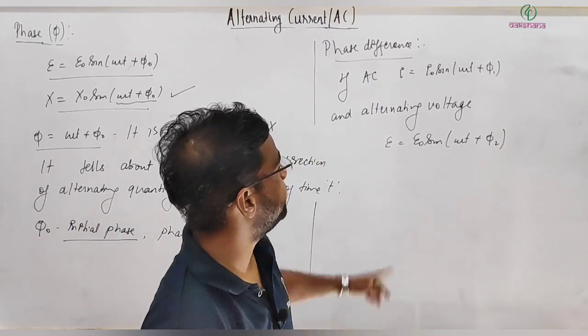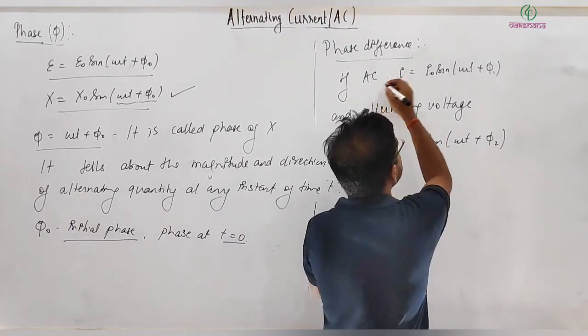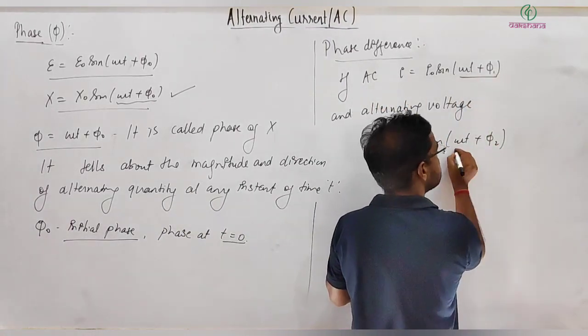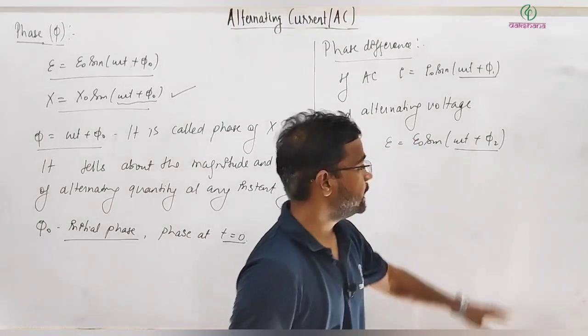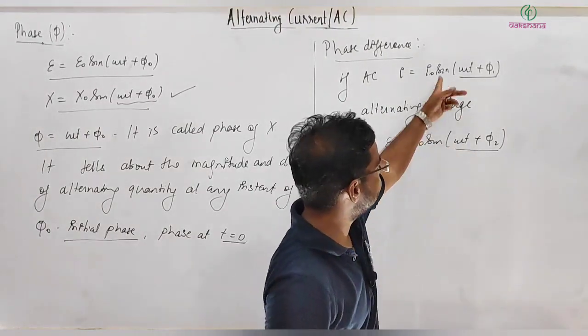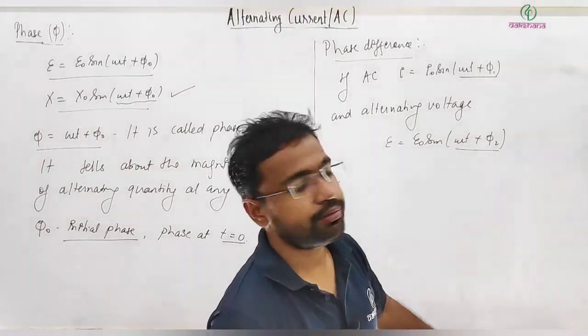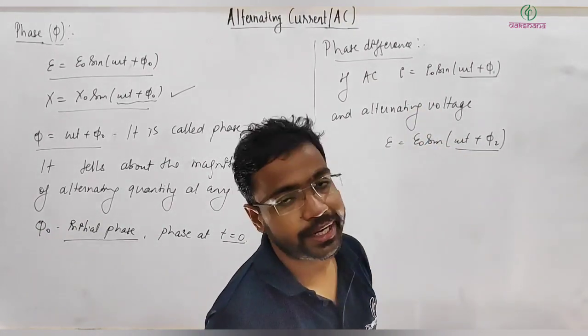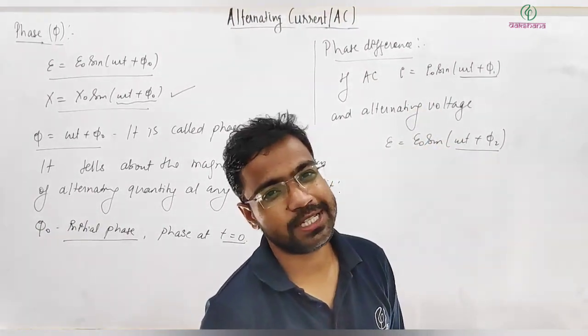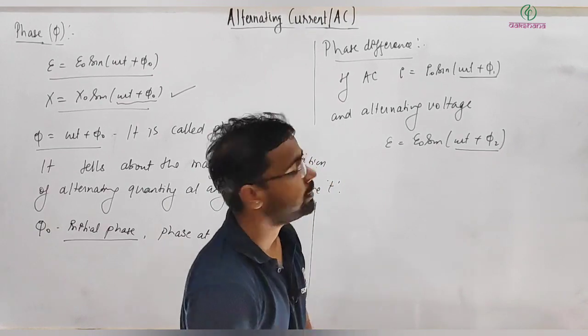Then the phase difference. So what is the phase of this alternating current? The phase of the alternating voltage is this. So the difference between the phases of these two alternating quantities is simply termed the phase difference between current and voltage.